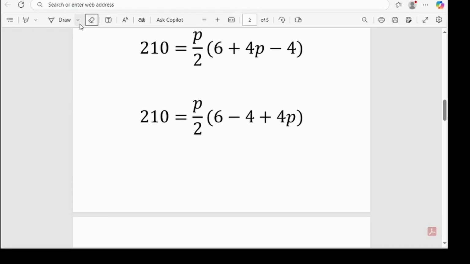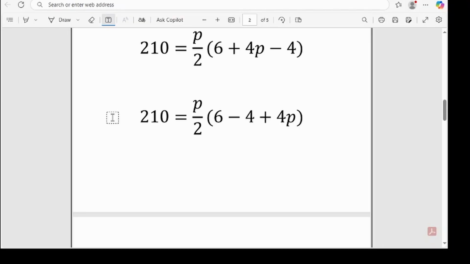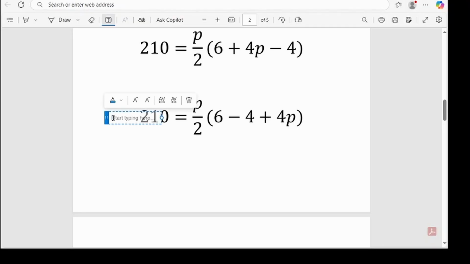So we get 2 multiplying 210, and here we also get 2 multiplying p over 2.